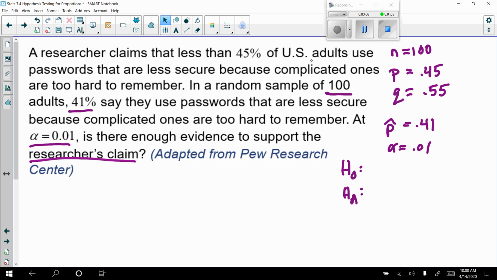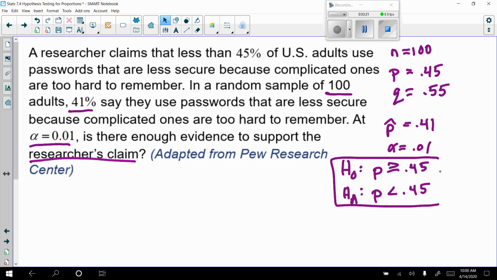So he's saying that the proportion that use less secure passwords is less than 0.45. So the null hypothesis would be p is greater than or equal to 0.45. That means this is a left-tailed test.